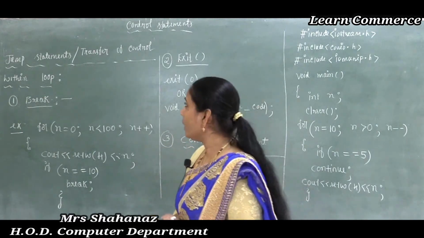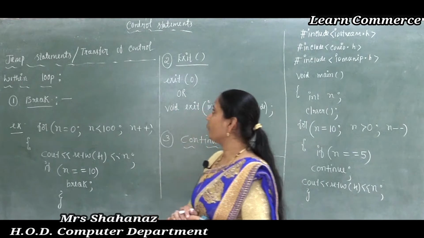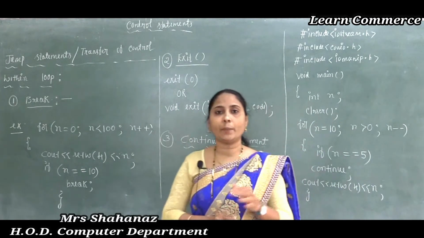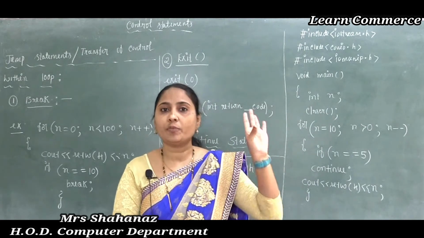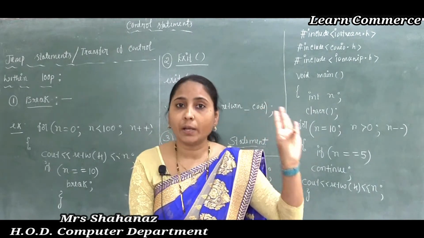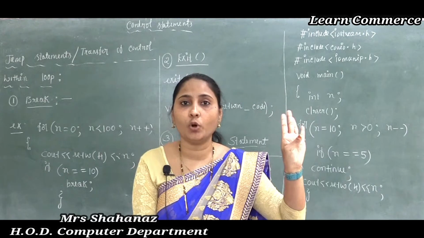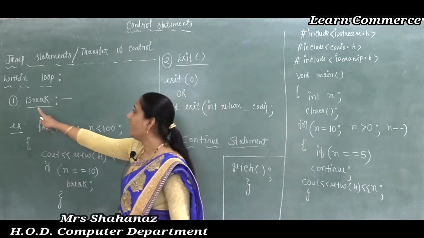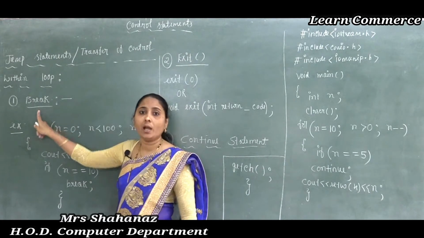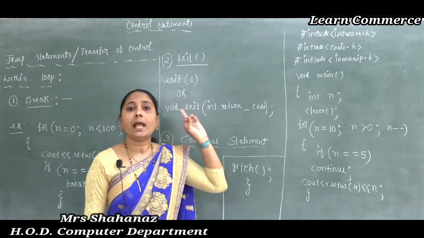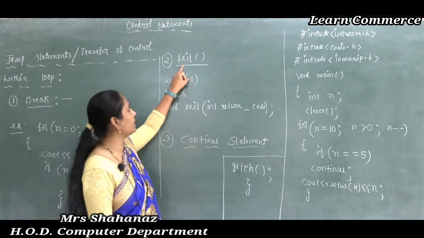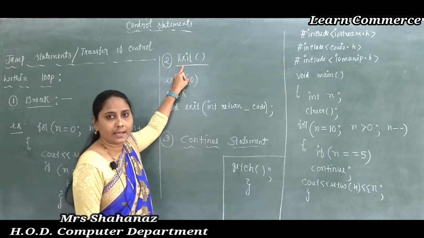Now, the jump statements, or transfer of control within a loop, are of three types. The first one is terminating the execution of the loop, which is called the break statement. The second is exiting a loop, spelled EXIT, which is called the exit function.